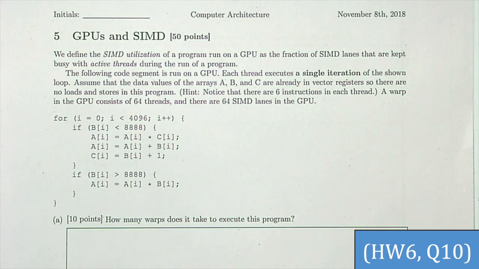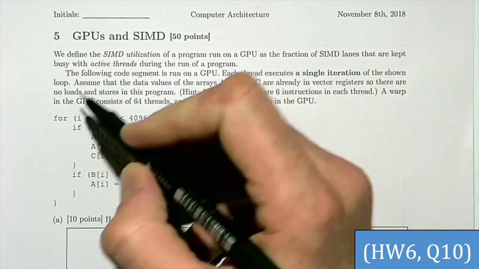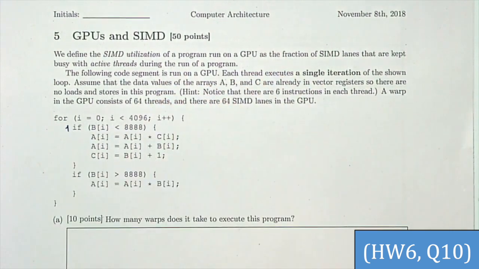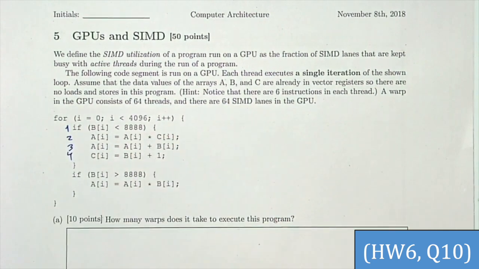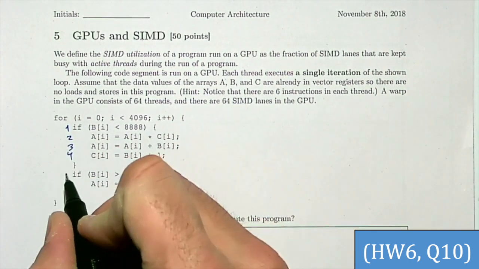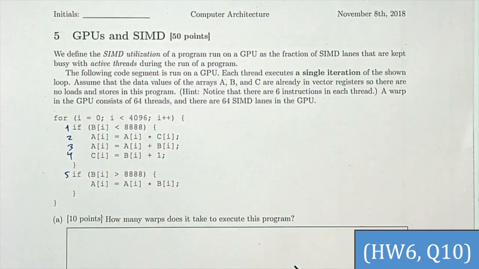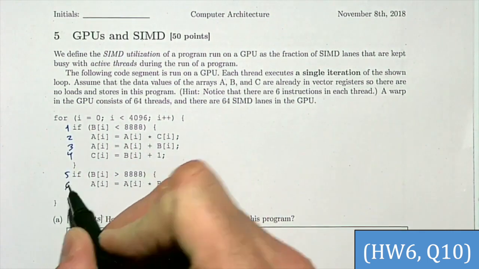A warp in the GPU consists of 64 threads, and there are 64 SIMD lanes in the GPU. So the 6 instructions are: this is the first one, this if. Then we have 3 instructions inside the first if statement. Then the 5th instruction is the second if, and this is the 6th.